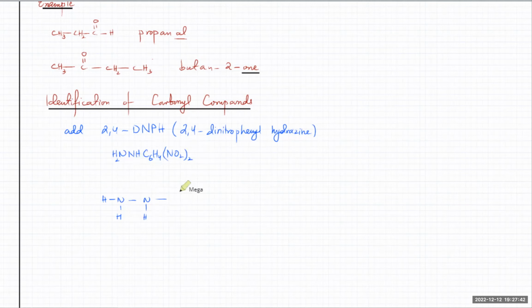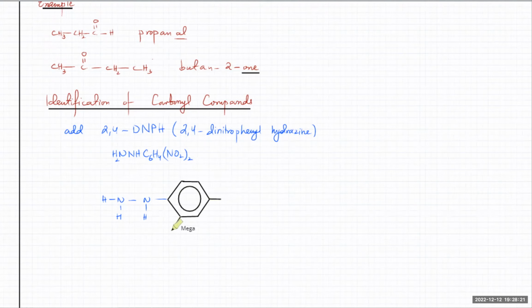followed by a benzene structure, which is a ring structure. It's going to have a ring in the middle, and there's going to be NO2 attached at 2,4-dinitro.